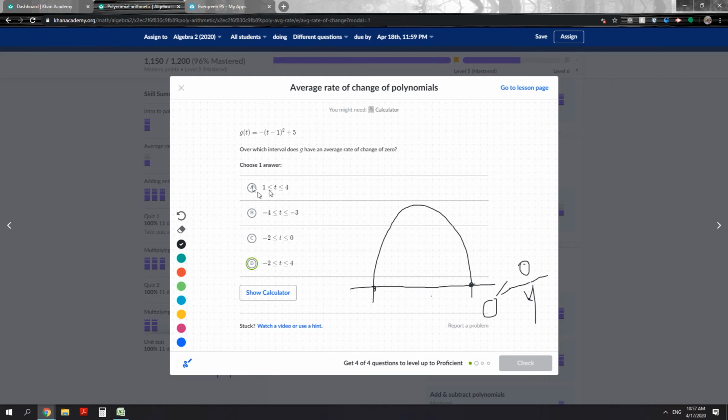So this isn't going to work. So this one doesn't work. This one does not work. This one does not work. Because if I plug in 1 and 4, I'm going to get different answers. See, if we plug in negative 2, negative 2 minus 1 is negative 3. 0 minus 1 is negative 1. So again, we're going to get different answers.